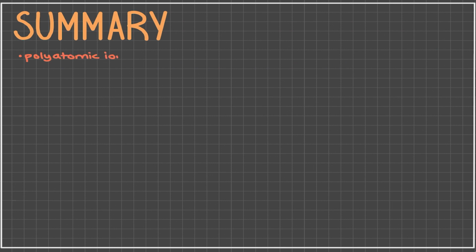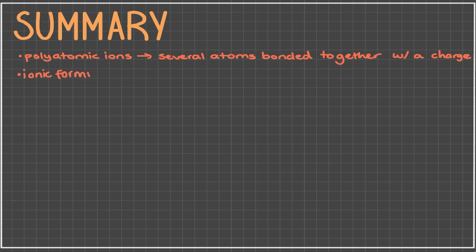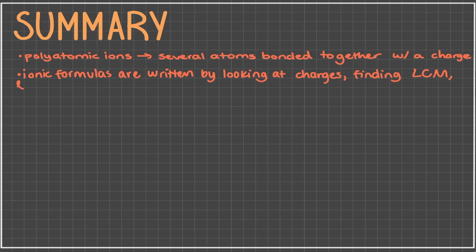Before we end our video, let's review what we discussed in today's lesson. Polyatomic ions are several atoms bonded together with a charge. There are many polyatomic ions, but you should memorize the ones that we showed throughout the video. We can write ionic formulas by looking at the charges in the compound and determining how to make them cancel out by using the least common multiple.